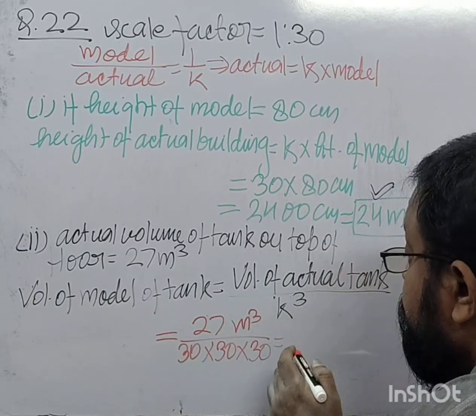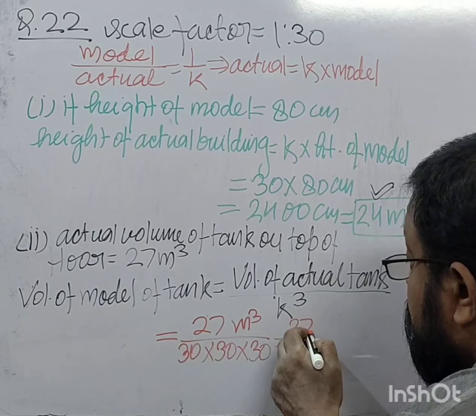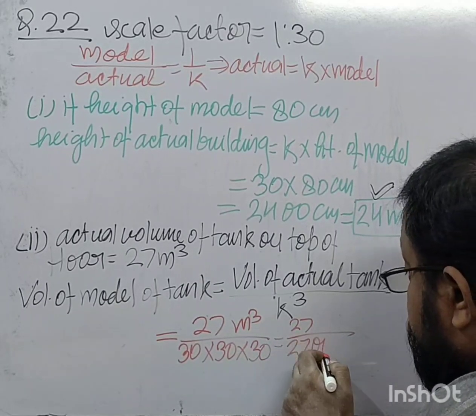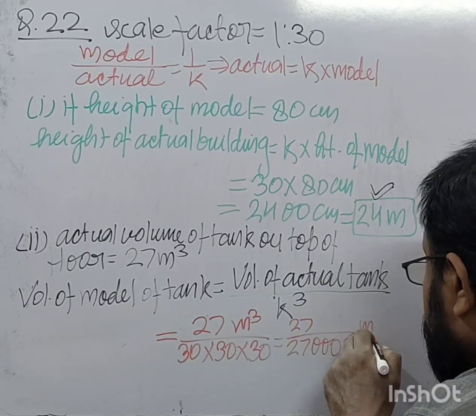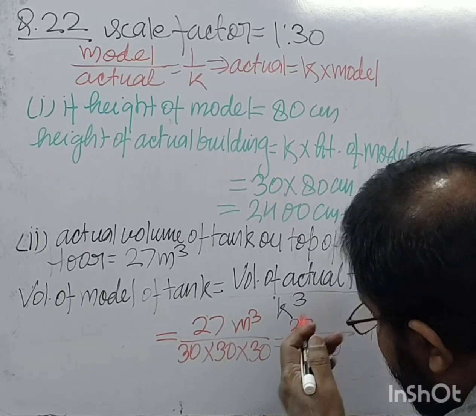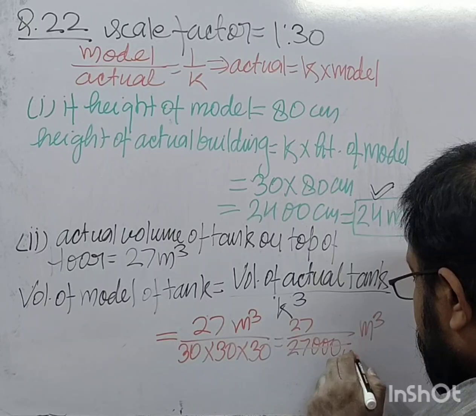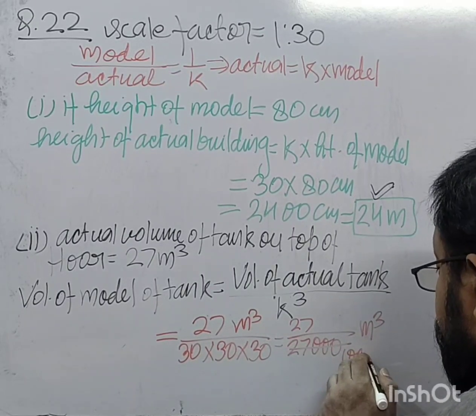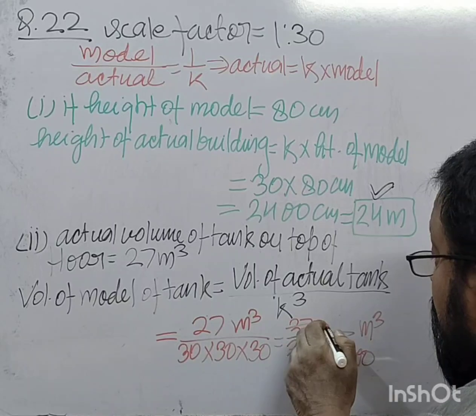So it becomes 27 upon 27,000 meter cube. So 1000 upon 1.